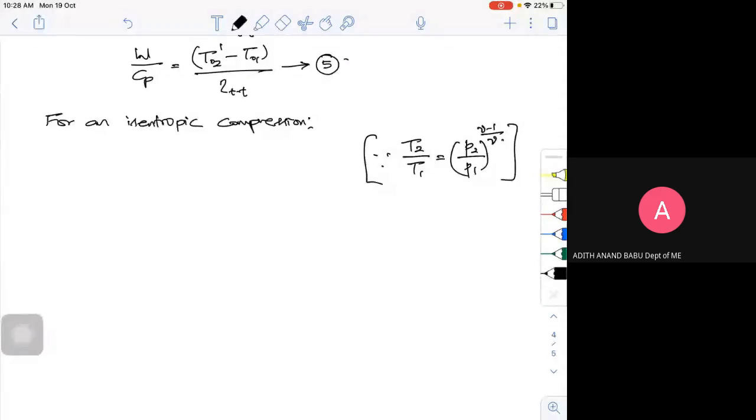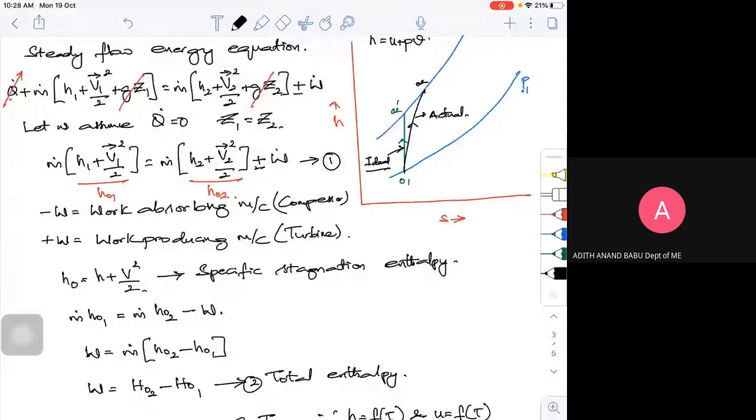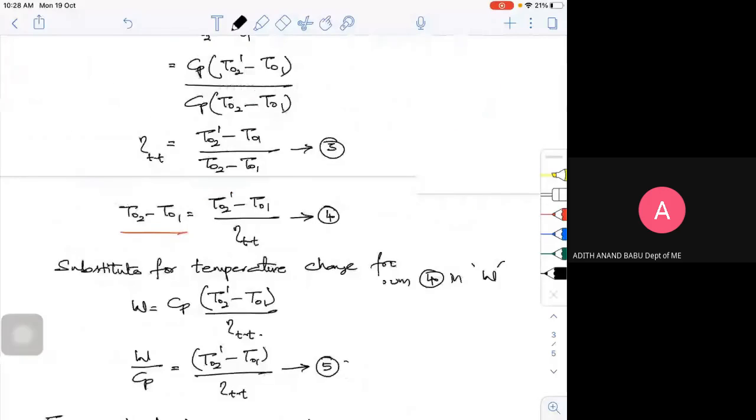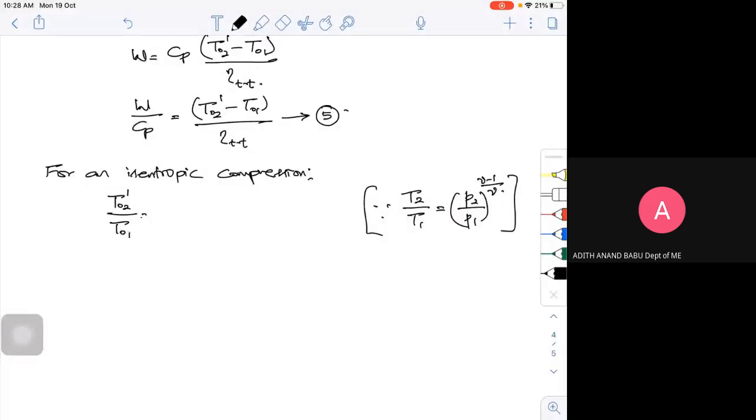Now this is for stagnation values. For this particular compression process, I can write it as T naught 2 dash, since this is an isentropic process, the higher temperature is T naught 2 dash. So T naught 2 dash by T naught 1 is equal to P naught 2 by P naught 1 whole to the power of gamma minus 1 by gamma.